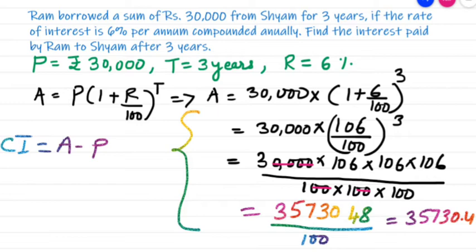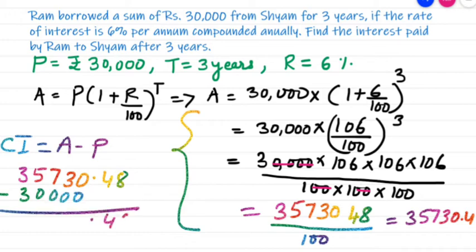So your amount here is 35730.48. Now subtract how much? 30,000 from here. 30,000. So you will get 5730.48.